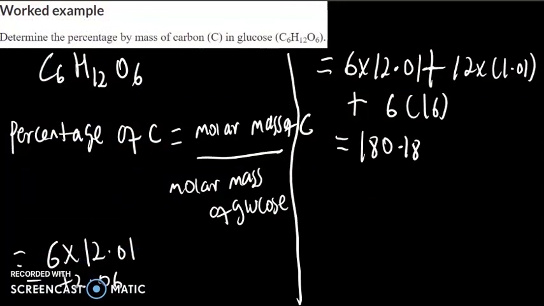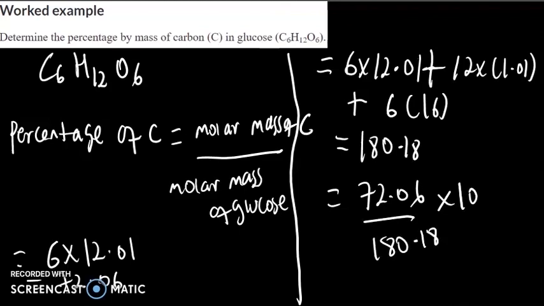The next step is easy: put these two values into the formula. That will be 72.06 divided by 180.18 times 100%, which leaves you with 39.99%. So carbon makes up 39.99%, which is close to 40% of glucose.